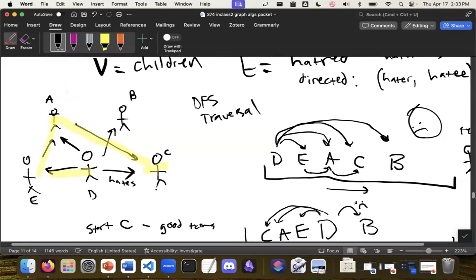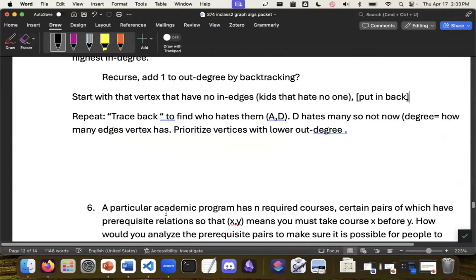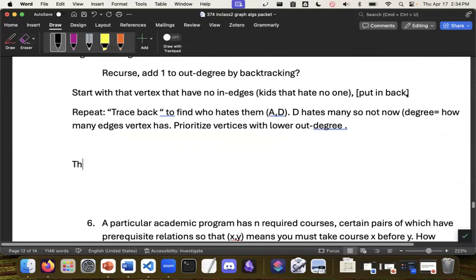And that choice came from when we went to A and then we continued on to E and D instead of going A, and then D, right? We did depth first search. So this was DFS traversal.